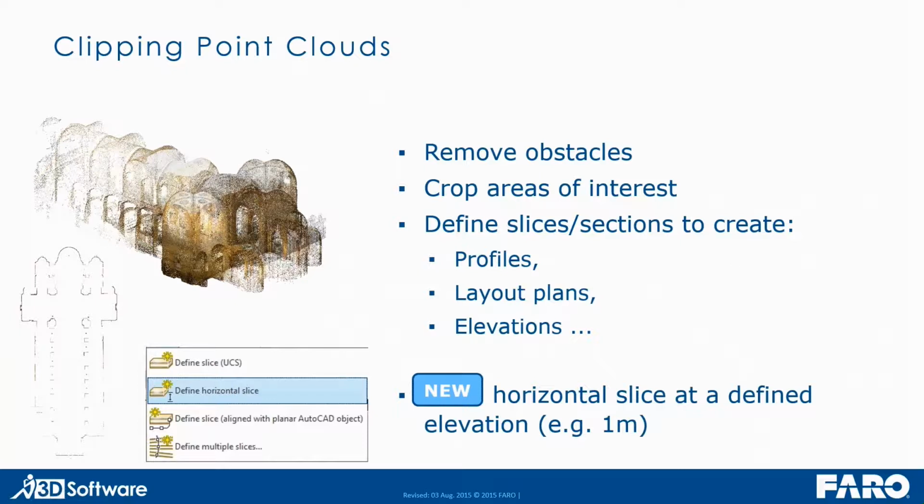A new tool in version 16.5 is the possibility to define a horizontal slice at a defined elevation. This is useful for architects. Sometimes they have the restriction to create a floor plan for the building cut at a certain elevation, for instance at 1 meter level.